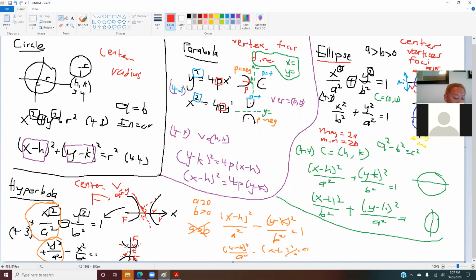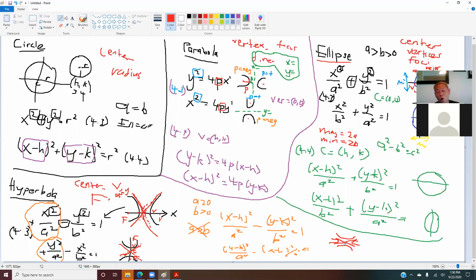And when you want to draw a hyperbola, you need to draw the asymptote line here, because this tells us how wide the hyperbola is. So sometimes if your asymptote line is very tiny like this, then your hyperbola has a very narrow curve. But if your asymptote is really wide, then you have a really wide hyperbola like this.